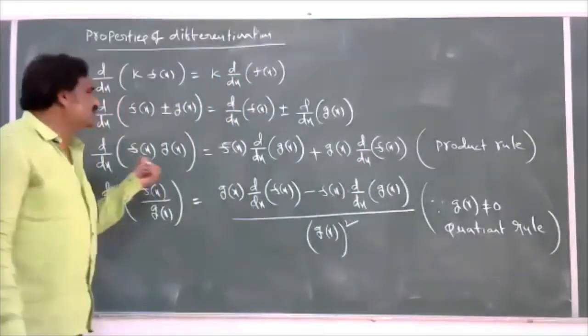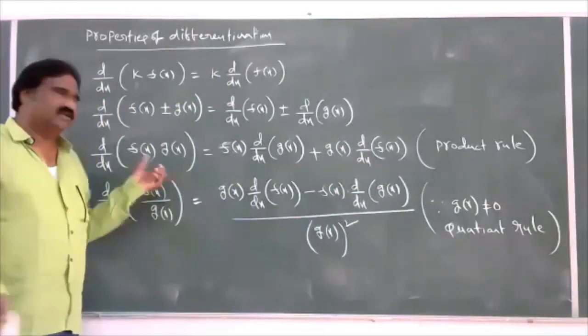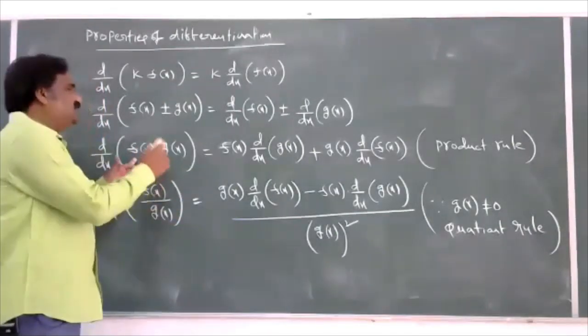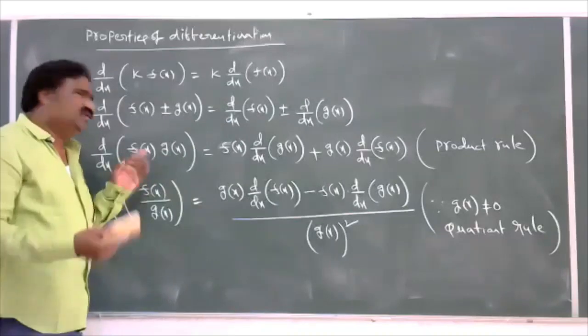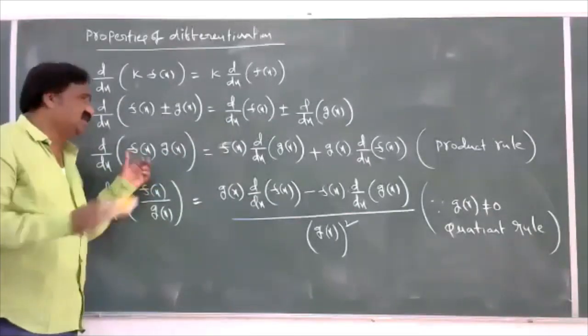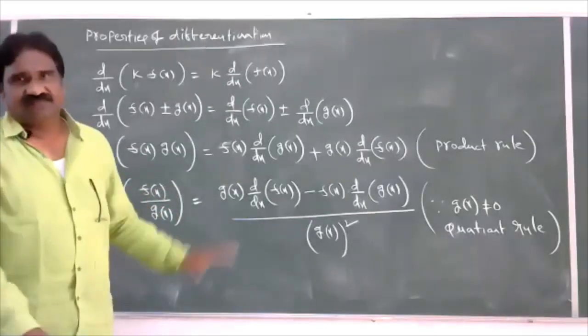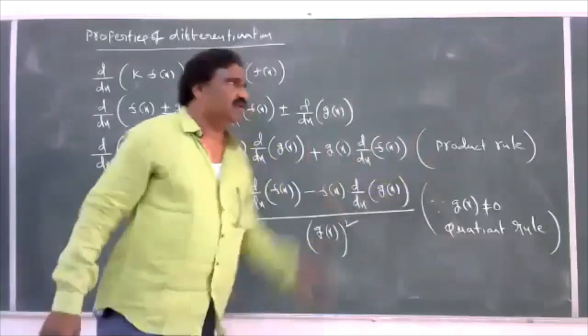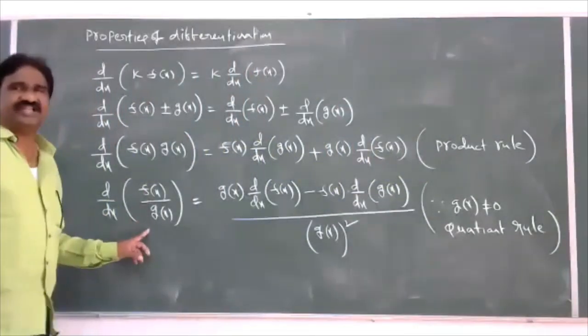You can take any function as the first or second function. For example, here I am taking f of x as the first function and g of x as the second function. If you take g of x as the first function and f of x as the second function, you get the same answer, no change. So this is called the product rule and this is called the quotient rule.